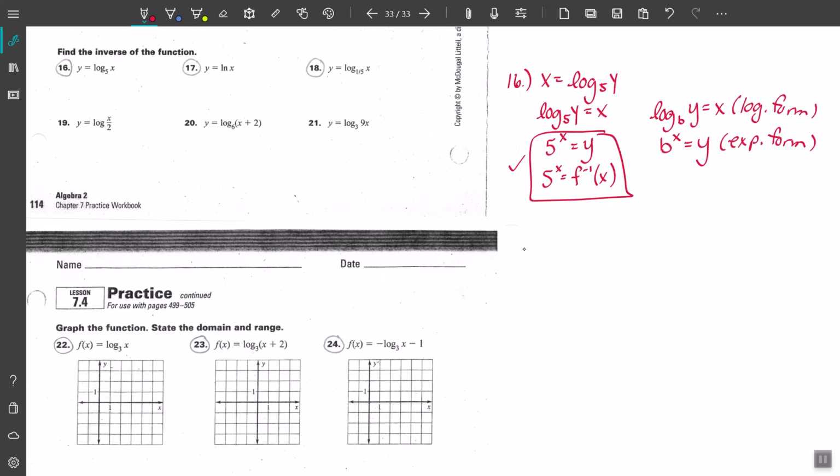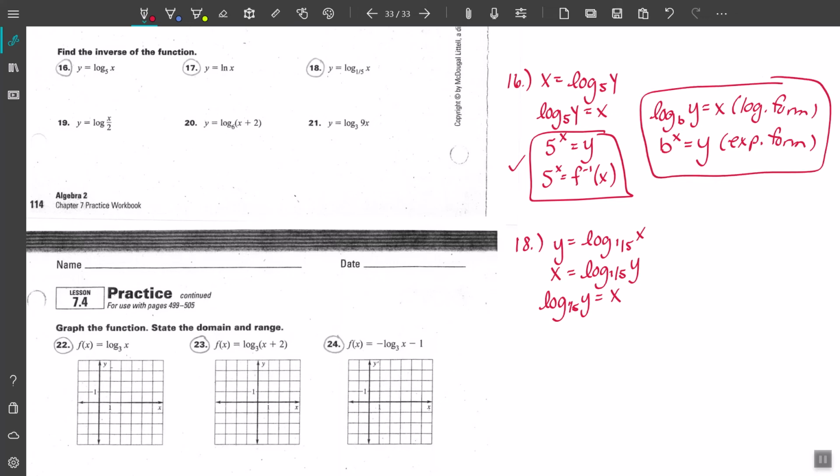So on 18, we have y equals log base 1/5 of x. We're going to swap our x and our y. And then I'm actually going to rewrite that, and when I do that, I'm going to put the x on the other side, just so it looks a little bit more like this form up here.